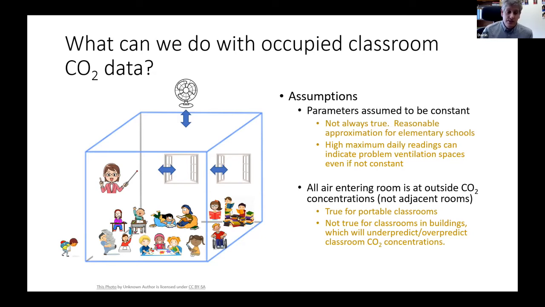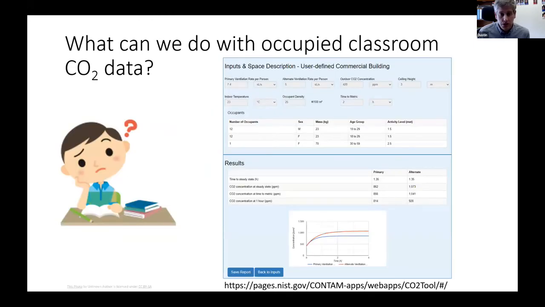Even if the space never reaches steady state, the high maximum values can be used to indicate problematic spaces. Another issue is that the model assumes that all air entering the space is from outside, not from hallways and adjoining classrooms. And while this may be true for portable classrooms, in school buildings it may not be, in which case the model may under or over predict the CO2 concentrations.